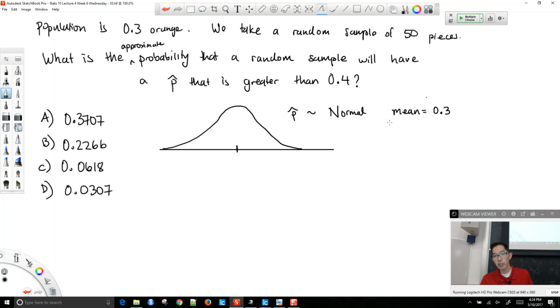Okay, we did this on the previous slide, and we also said the standard deviation, or the standard error, is going to be the square root of 0.3 times 1 minus 0.3 divided by 50, and when we computed this out we got the value 0.06481. Okay, so this is the first step. Step 1 is figure out the normal distribution.